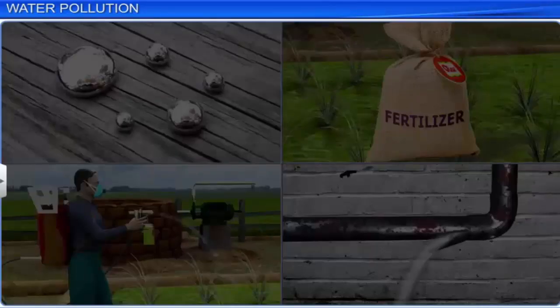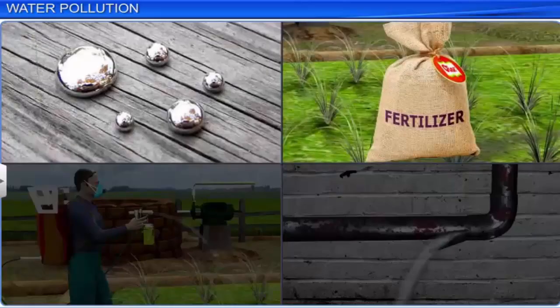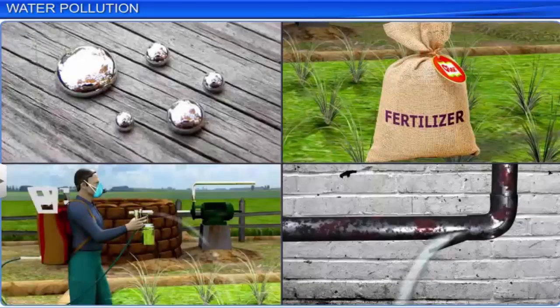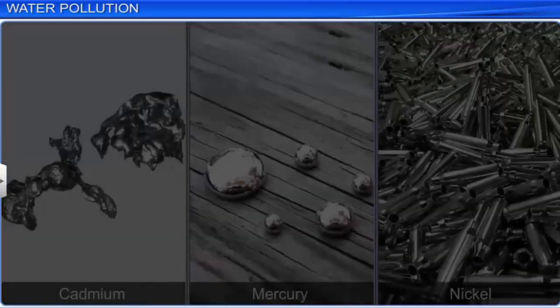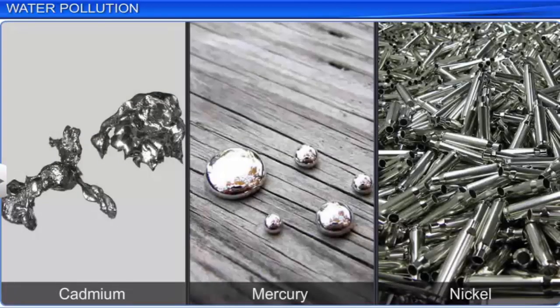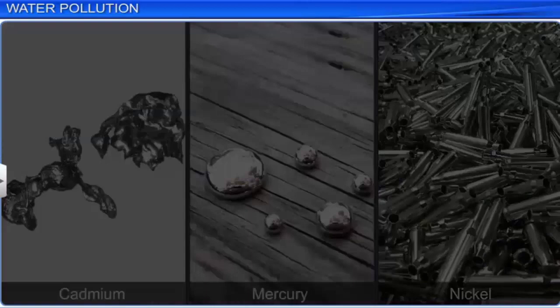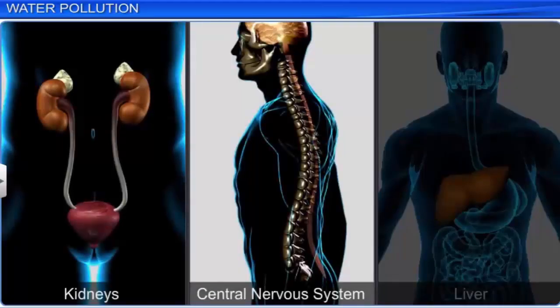Another major cause of water pollution is chemical pollutants like heavy metals, fertilizers, pesticides, and some harmful elements. Heavy metals such as cadmium, mercury, and nickel are water-soluble, and the human body cannot excrete them once they get in. These metals damage the kidneys, the central nervous system, and the liver.